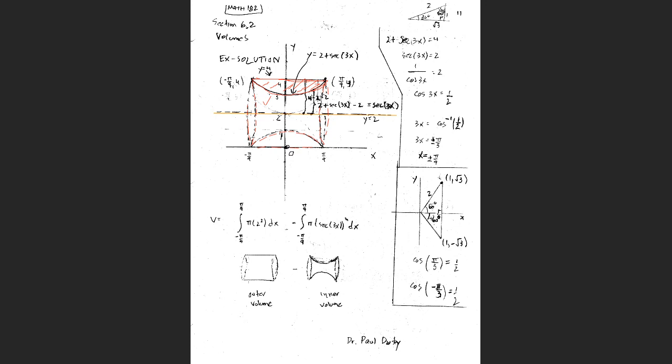And the volume that's left is what you have. So this is what I'm trying to say down here: outer volume minus inner volume. Now, not all the problems that you're going to have are outer volume minus inner volume, okay? But some of the problems will be like that, obviously. And this one is.